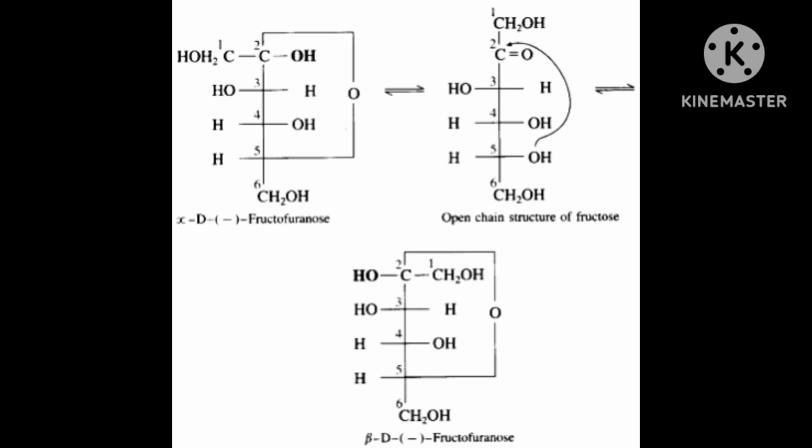Just like glucose, fructose also has an open structure. The only difference is that at carbon number 2, a CO group is there. Carbon number 2, that oxygen is attached, carbon-oxygen double bond is there. Correct? From the second carbon, upside CH2OH is there, and from carbon number 5 again CH2OH is attached. Means at both ends CH2OH is attached.